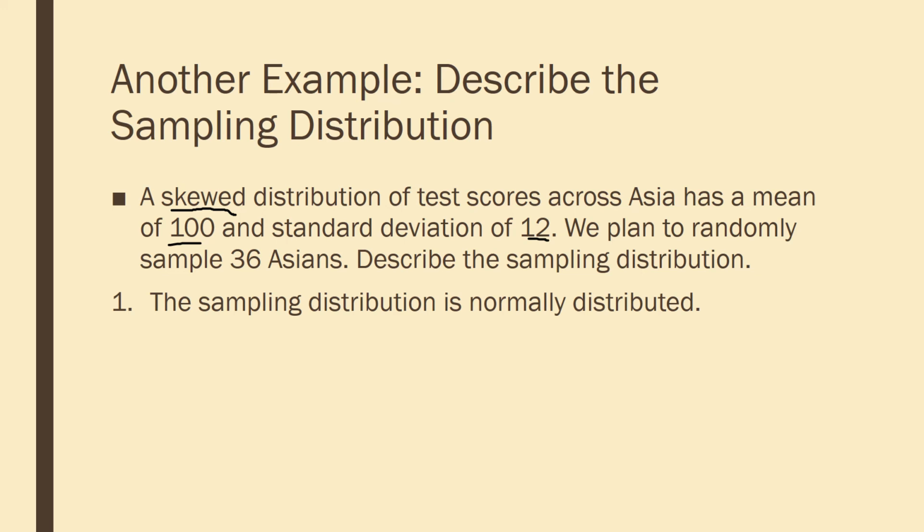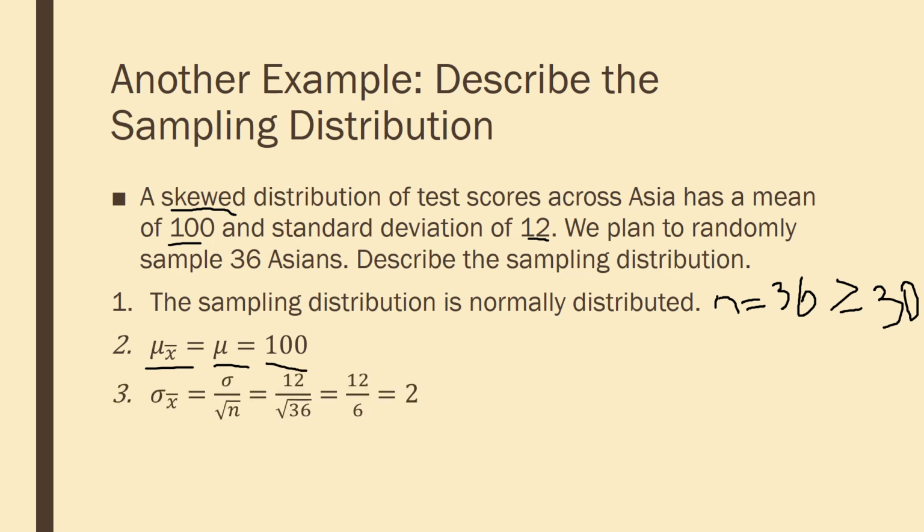So we know that the sampling distribution is normally distributed. Why? Because our n equals 36. So it's above that kind of rule of thumb of 30 for the central limit theorem. Okay, so that means that we can use the central limit theorem here. It didn't matter that we started out with a skewed population distribution because our n is at least 30. And then we know that our mean of our sampling distribution is equal to the population mean, which was 100.